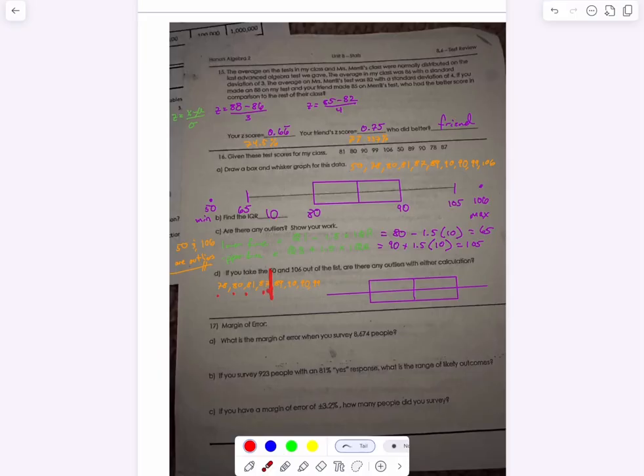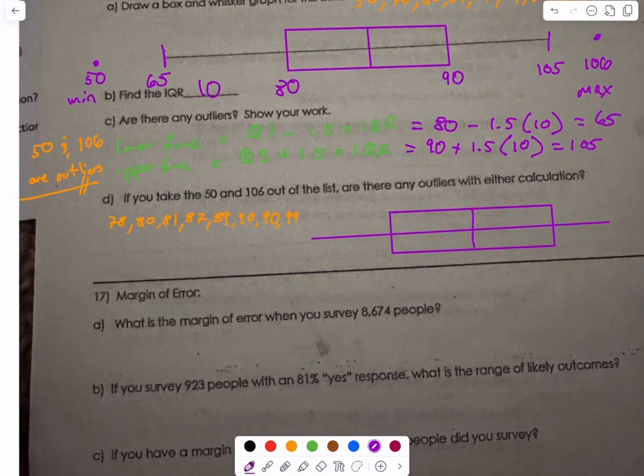Now that we have an even number on the bottom hand side, that means our Q1 is going to be 80.5. And then 1, 2, 3, 4. And you still get a 90 at the top.